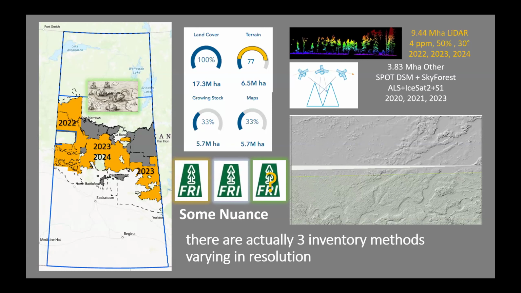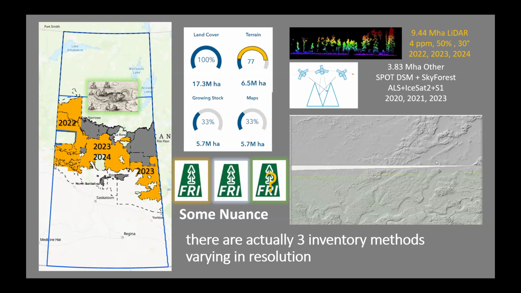So what this means is that our forest inventories will actually have 3 different methods. The area-based EFI is based on LiDAR in orange. The areas in gray use a satellite-based EFI, and both of those really just focus on swapping out a different input and the same approach that I've talked about earlier this morning.